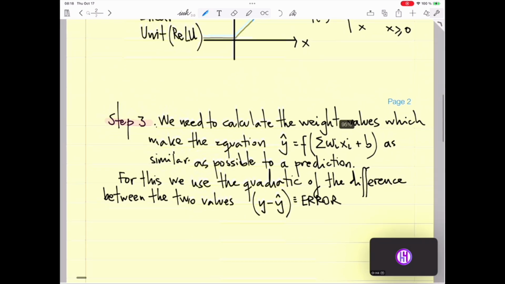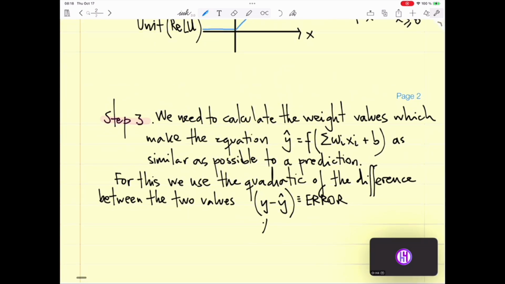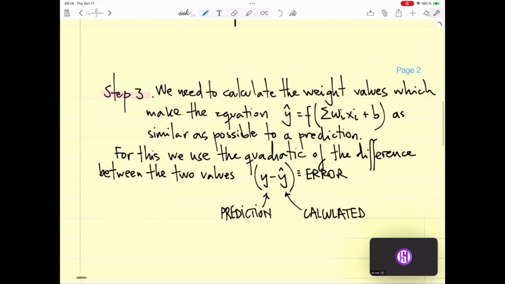Okay, being y the prediction, and being y with a hat the calculated value. So we measure how far off we are.